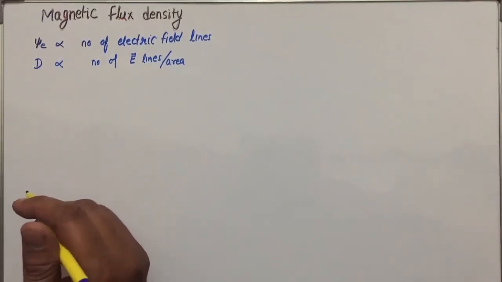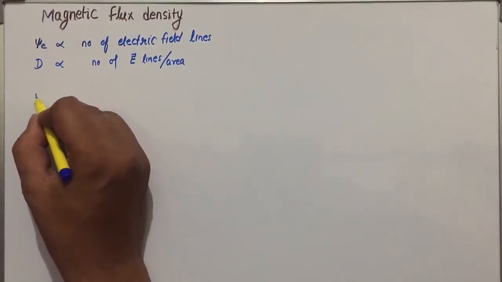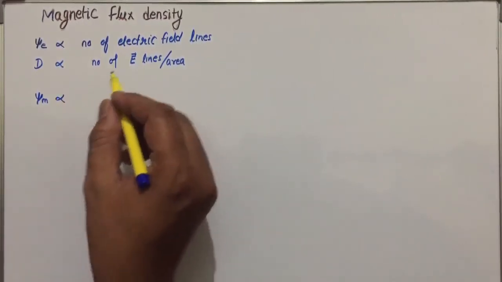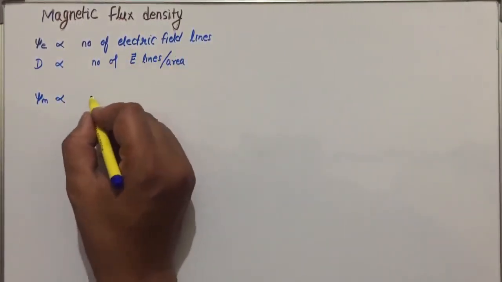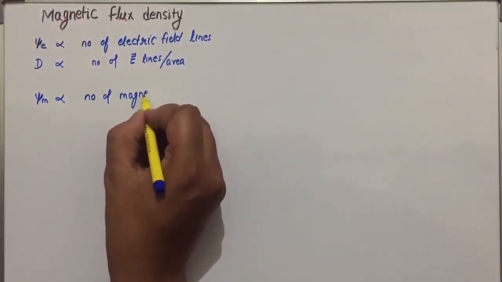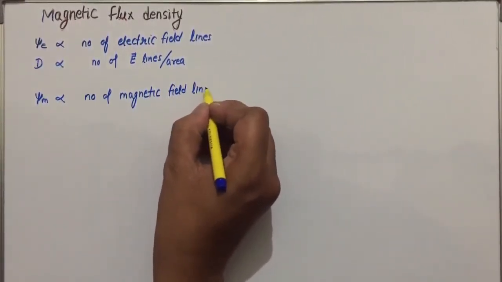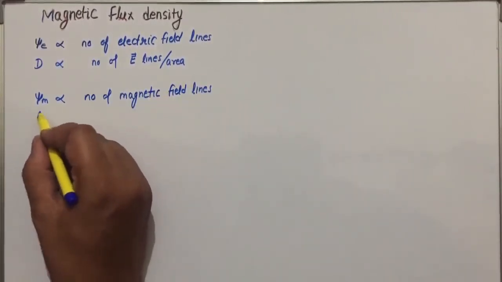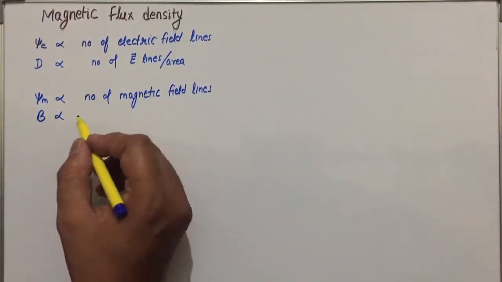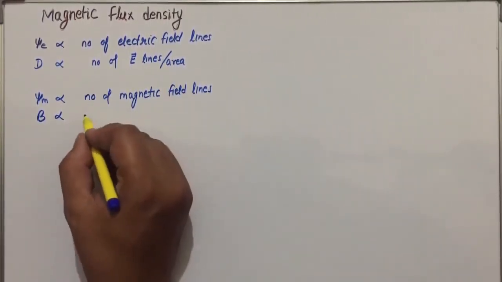Similarly, in magnetostatics, the magnetic flux is proportional to the number of magnetic field lines, and the density that is represented by B, magnetic flux density, is proportional to the number of magnetic field lines divided by unit area.